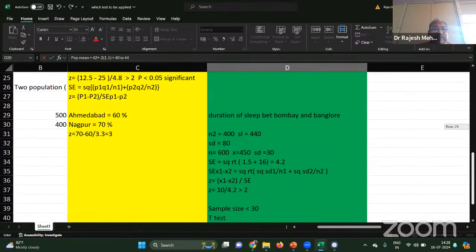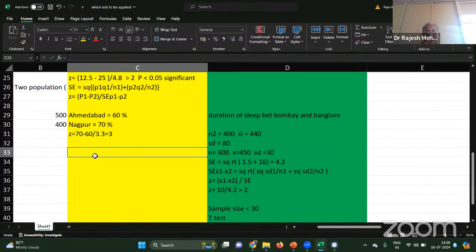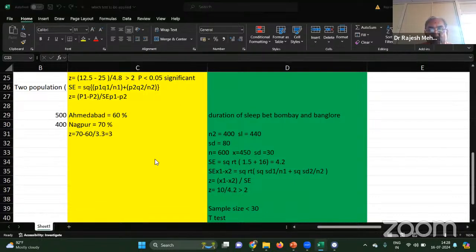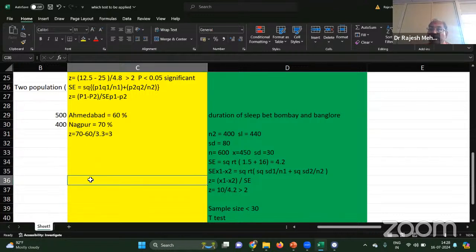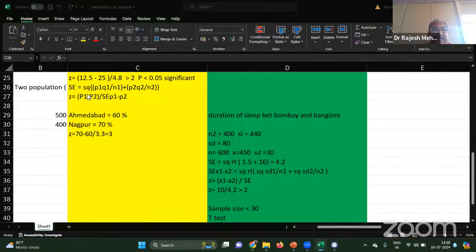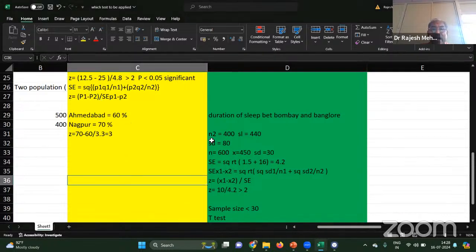Now, when it comes to comparison between two populations, here we'll not spend the time on the calculation, but we'll give examples. Here we had taken the example of Nagpur and Ahmedabad. Similarly, if you have two populations or two samples to compare, at that time you use the standard error of the difference between two proportions.